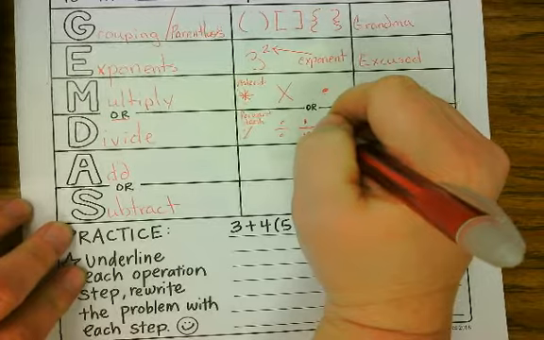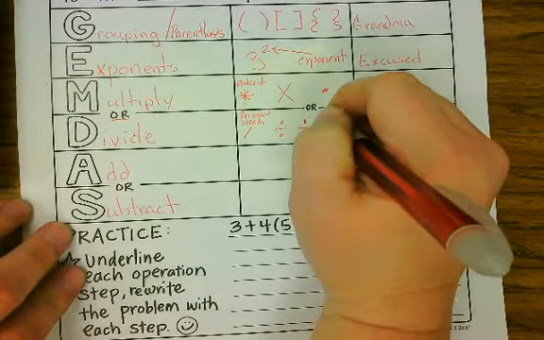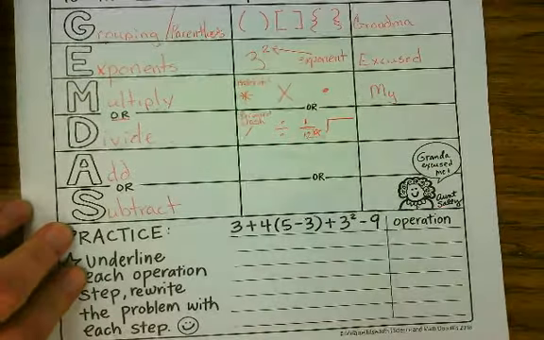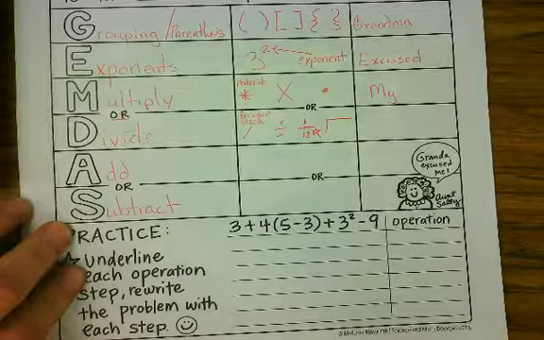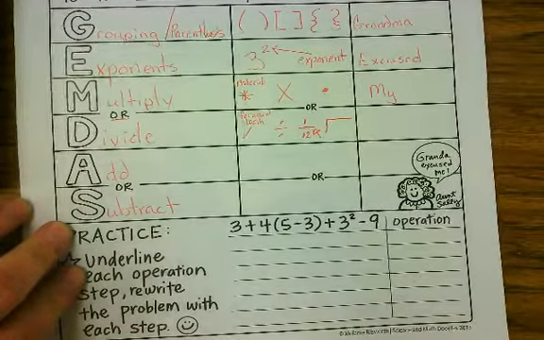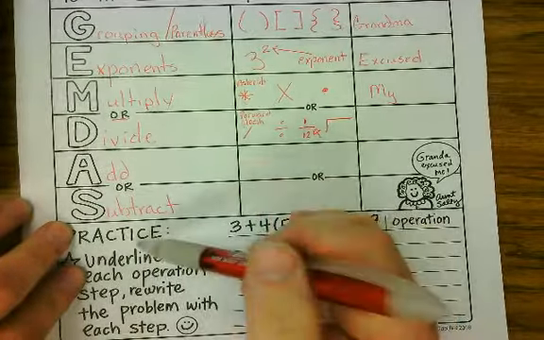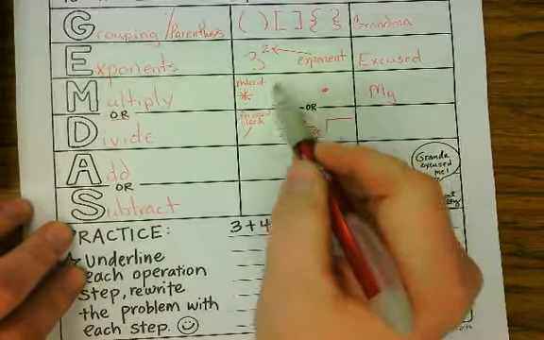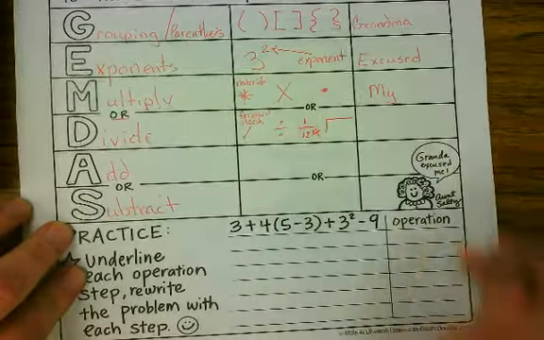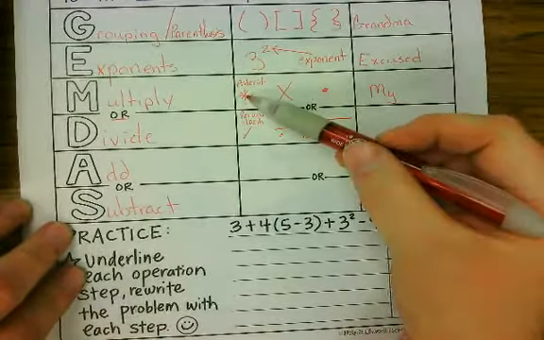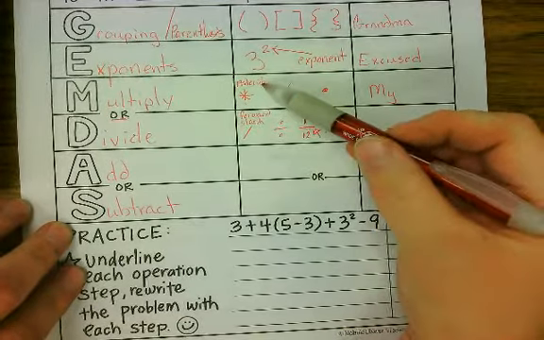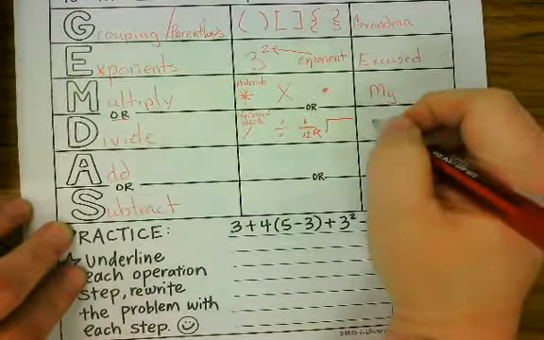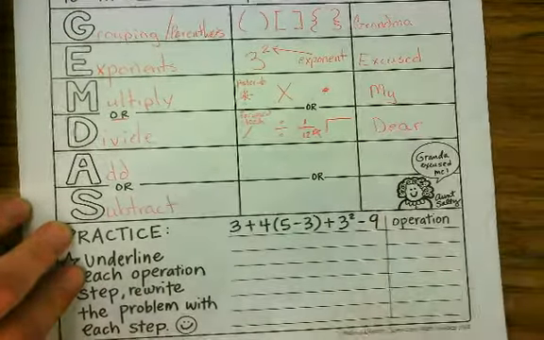We also have, for division, the algorithm bracket that we use. So these are all meaning to divide if you see them. For our purposes for GEMDAS, this is your main one. And you might see this one or that one. However, you're going to see this and this, slash and asterisk, if I am typing it on the computer. Alright, for divide, we are doing dear.